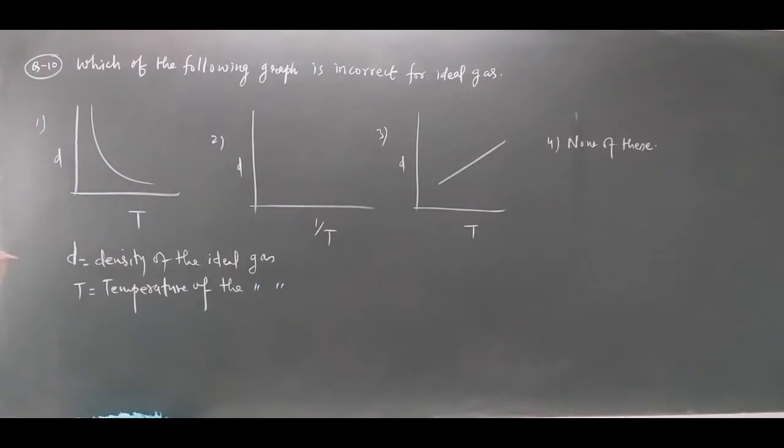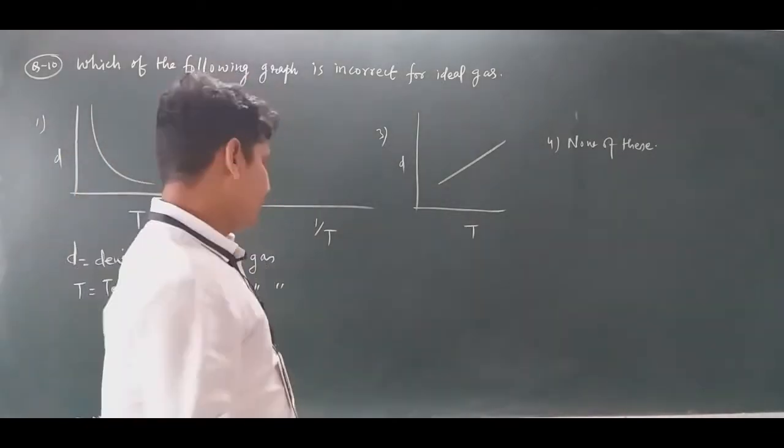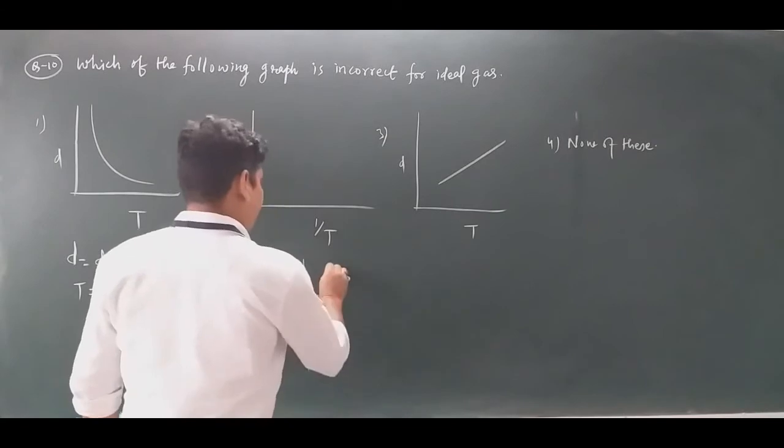So keeping these two things in mind, we have to plot a graph and recognize which graph is incorrect regarding ideal gas. So before we solve the problem, please go to the ideal gas equation.